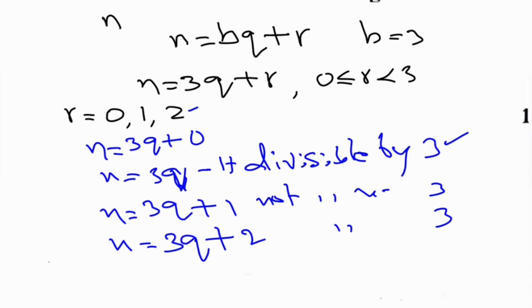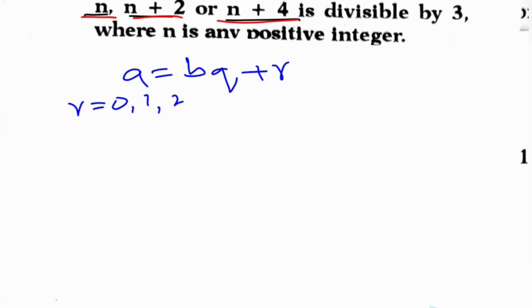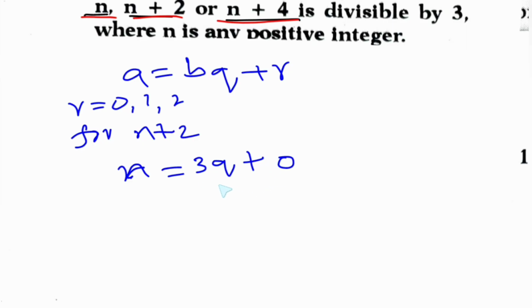Now take the n plus 2 value. For n plus 2, n is equal to 3q plus r, with r equal to 0.